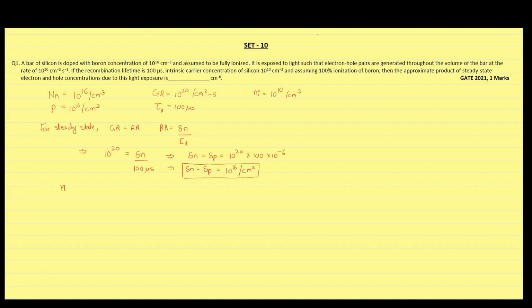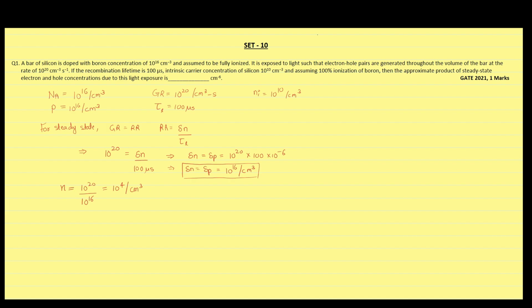By mass action law, you can also find the thermal equilibrium free electron concentration to be equal to the square of intrinsic carrier concentration divided by hole concentration, which will give 10 raised to the power 4 per centimeter cube.